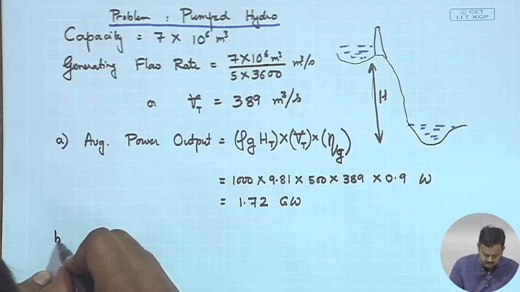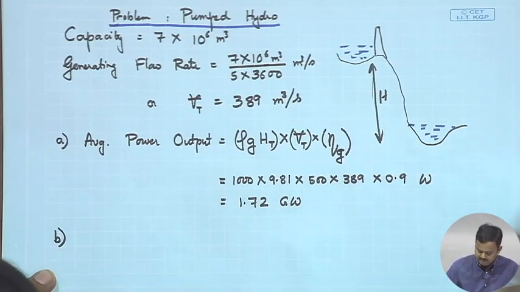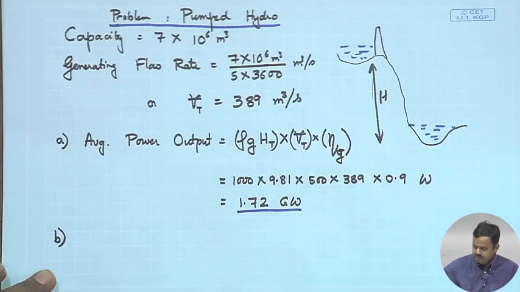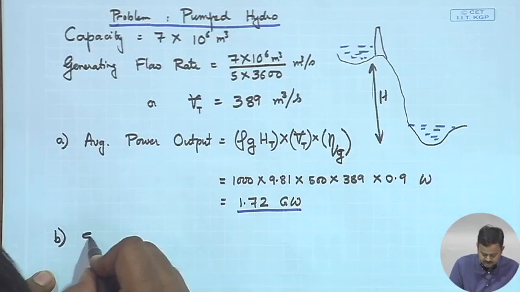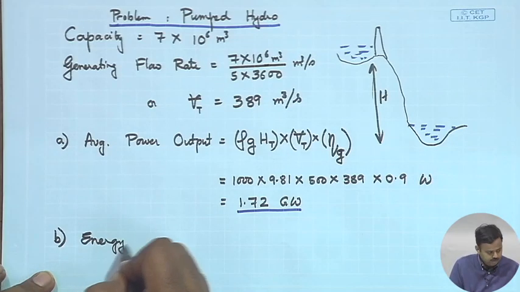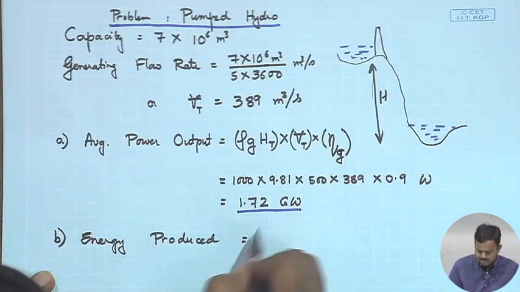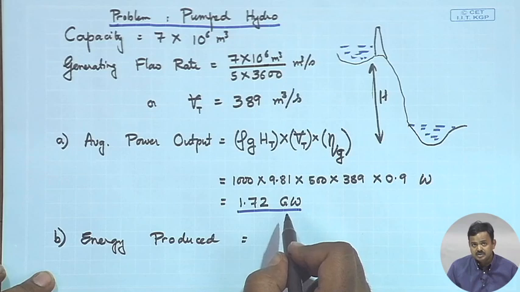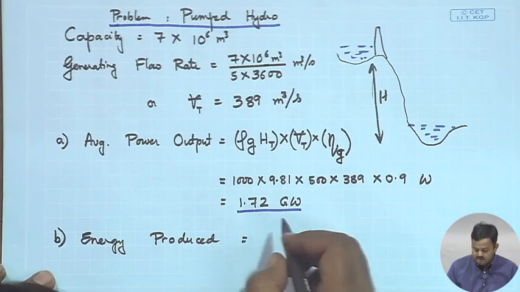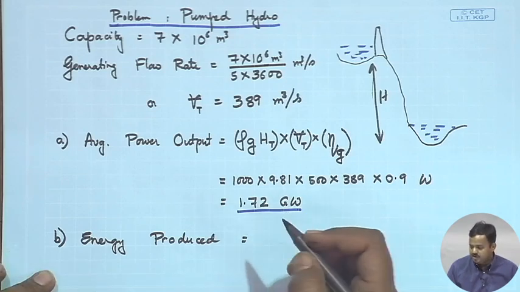Okay. So, this is my first answer, and what is the energy produced? That is easy, because this is the power that is produced over a period of 5 hours.